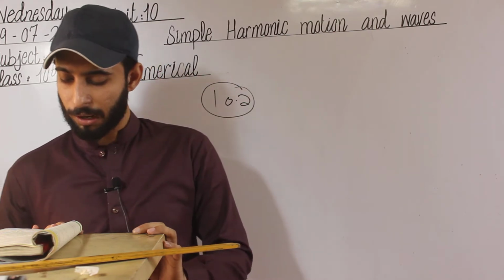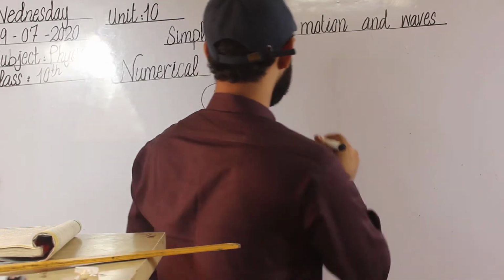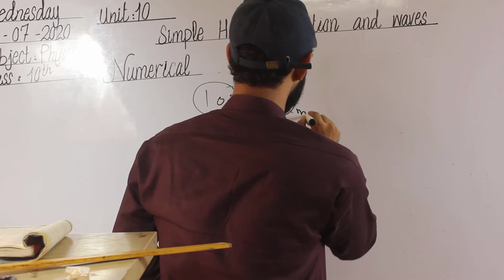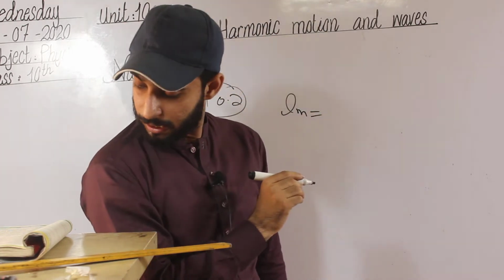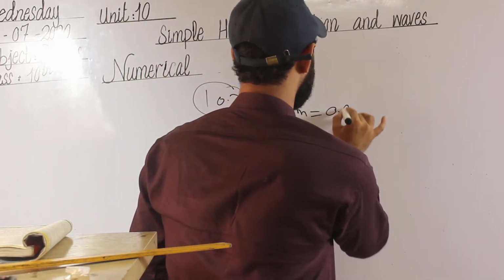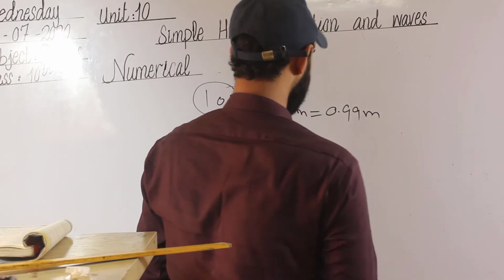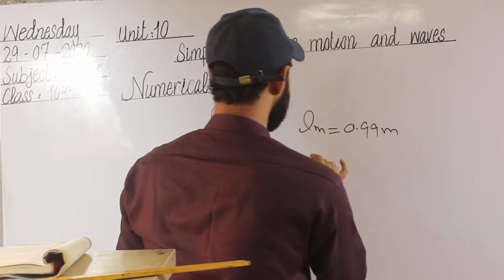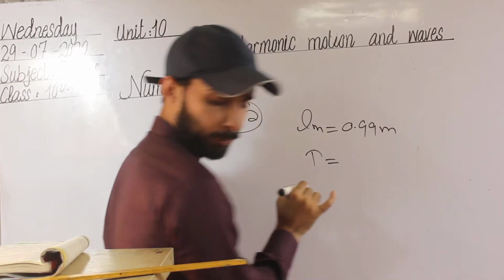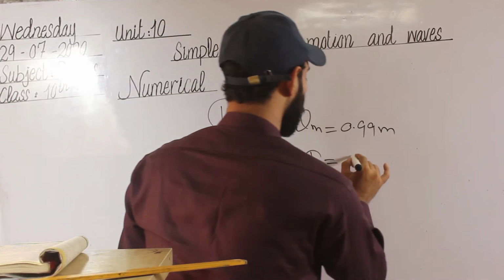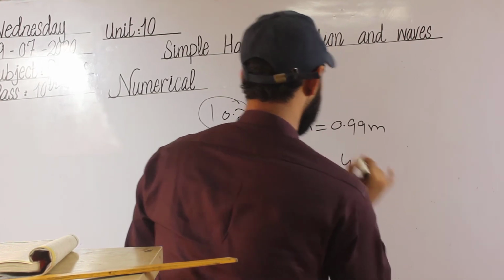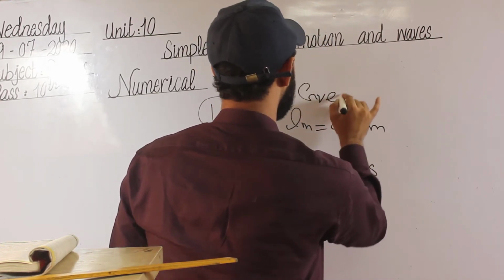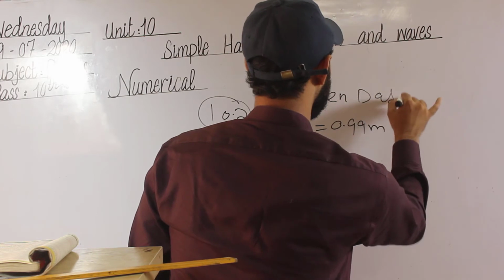So it means we are given the length Lm, which is 0.99 meter. Second thing given is the time period, which is 4.9 seconds. That is the given data.